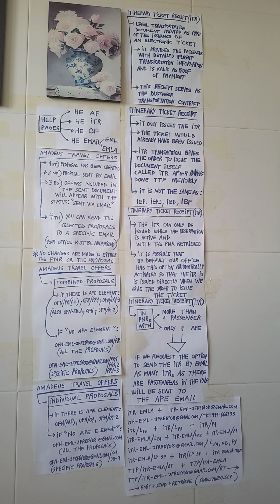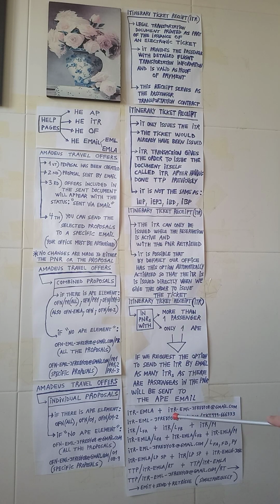Here we can see several transactions that are carried out using the ITR code, okay? I will start the explanation with two similar transactions, this one and this one, okay? The first one, it means this, allows sending the ITR document to the email addresses that appears by default in the APE segment of the PNR.